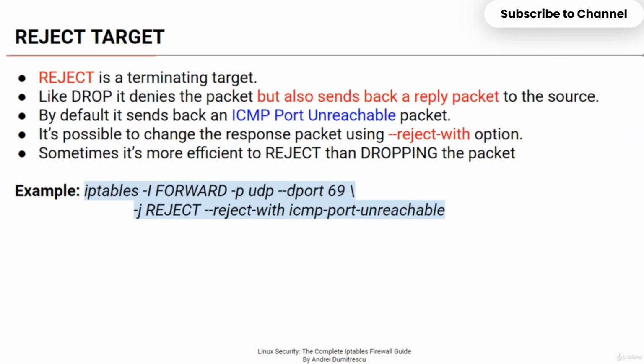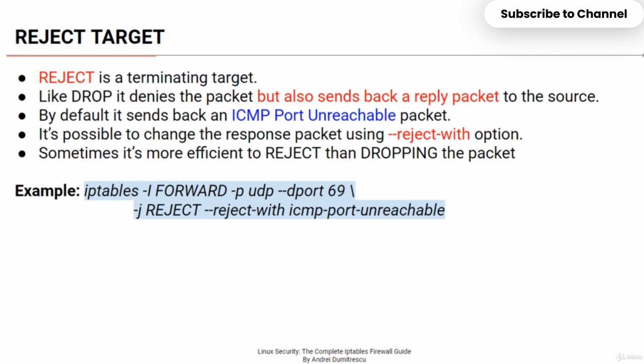Now that you know in detail what port states are, how to check what ports are open on the local machine, and how to scan ports on remote machines, I'll move ahead and talk about REJECT. REJECT is another terminating target, and like DROP, it denies the packet, but also sends back a reply packet to the source.